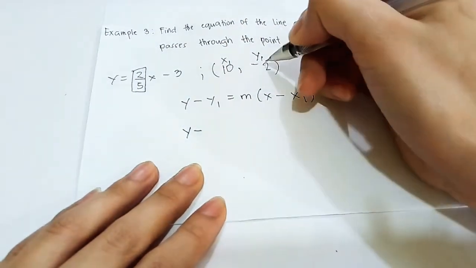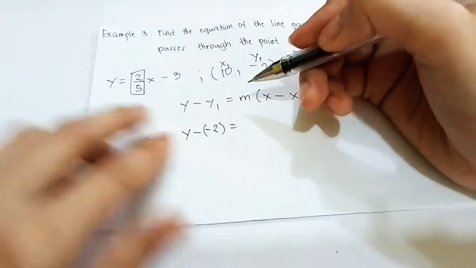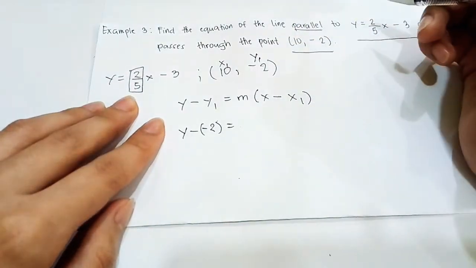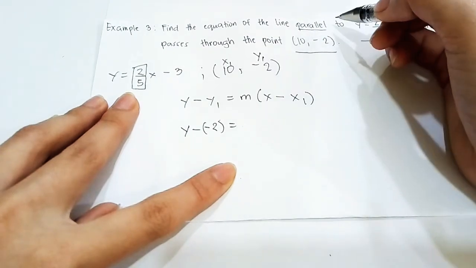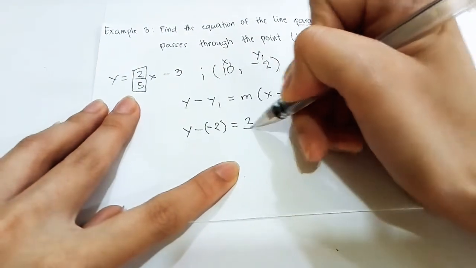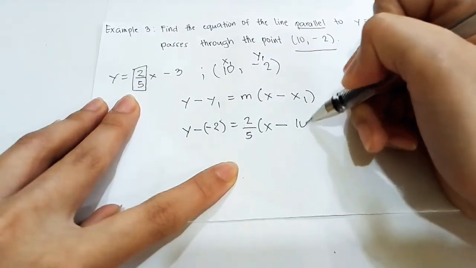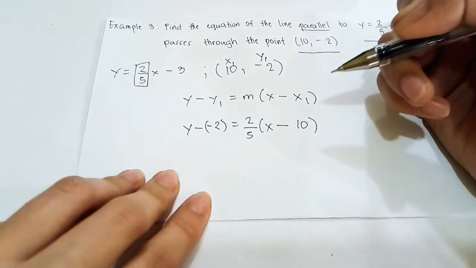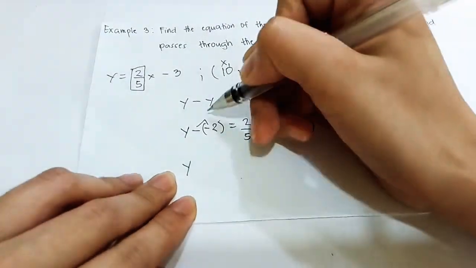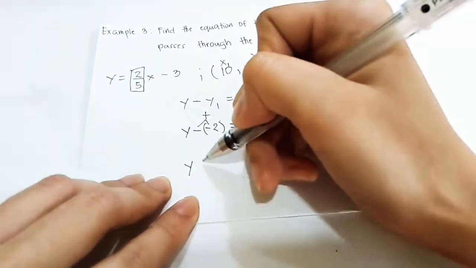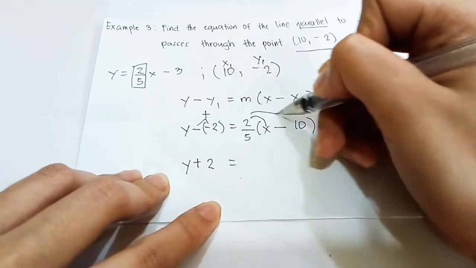We have y minus y sub 1, which is negative 2, equals m. We're going to use the slope of the given equation since they are parallel. We have 2/5 times x minus x sub 1, which is 10. Okay, simplify. We have y. So negative and negative, this will become positive. So y plus 2 equals, distribute 2/5.